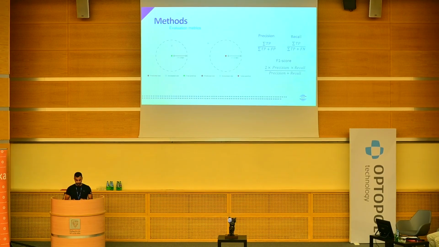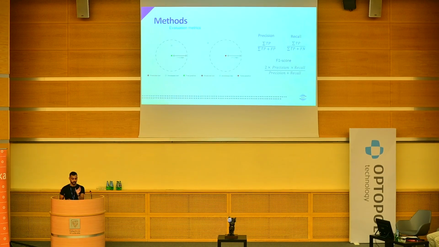So we set our own metric, based on a radial distance. If it was within a certain distance of the second dot, we called it a true positive. If it was not the case, it was a false positive. Based on that, we could calculate the precision and recall, and then we used the F1 score as our evaluation metric.